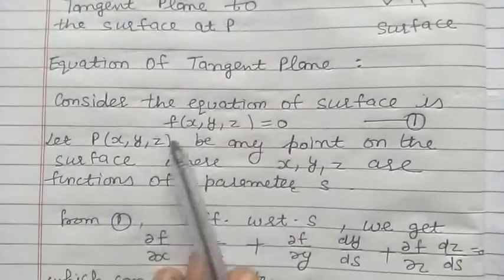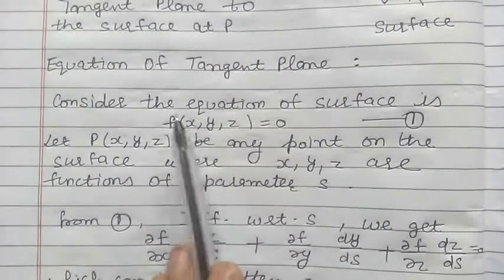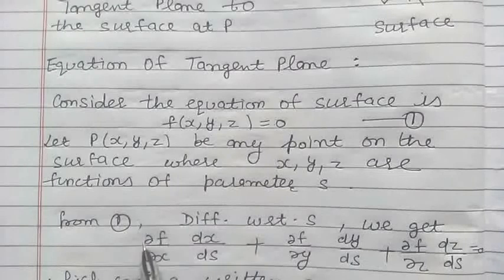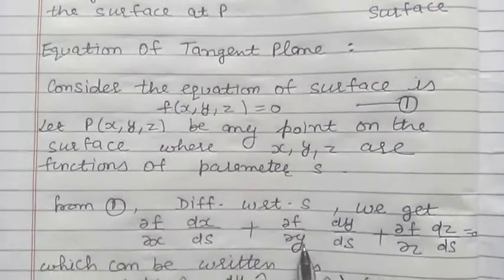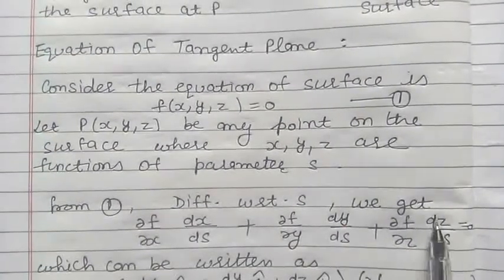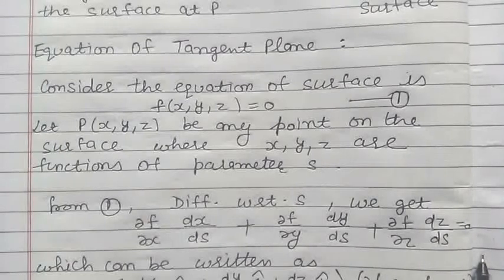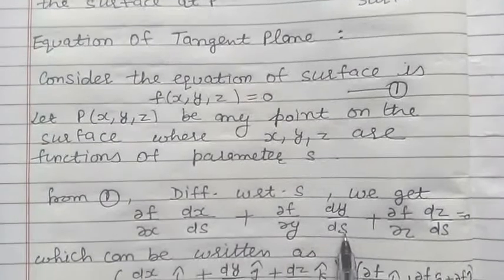Now we can differentiate the equation 1 with respect to s. So if we differentiate this equation, we get ∂f/∂x into dx/ds plus ∂f/∂y into dy/ds plus ∂f/∂z into dz/ds is equal to 0. Now we can write this equation in the form of vectors equation.